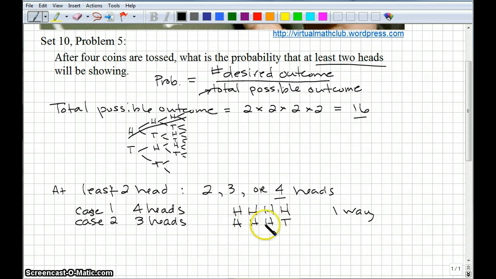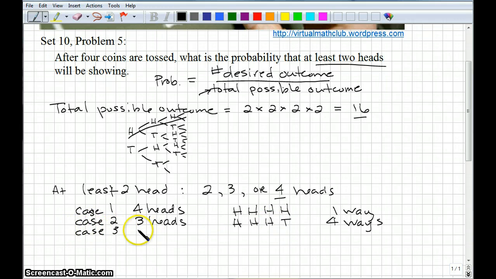And there's only 4 places where that tail could go, and then the rest would have to be heads. So there's 4 ways to get 3 heads. Okay? You see what I'm talking about? So getting 3 heads is the same as getting one tail, and there's 4 places to put that tail. So there's 4 ways.